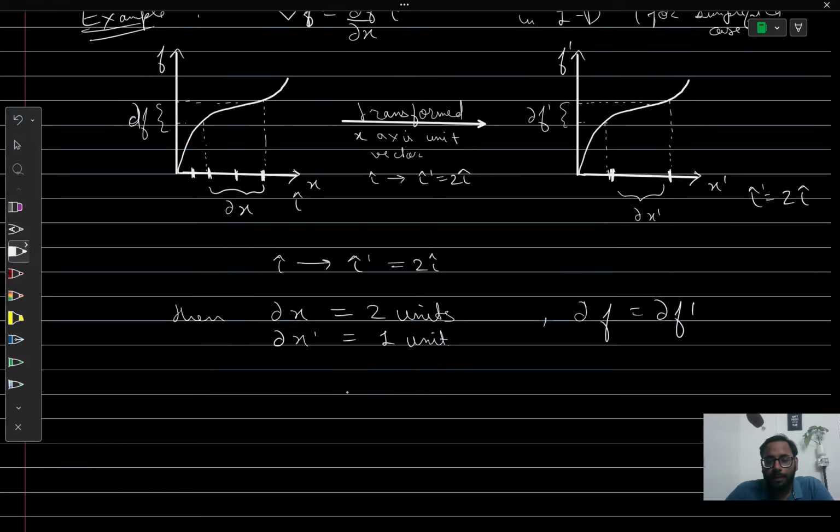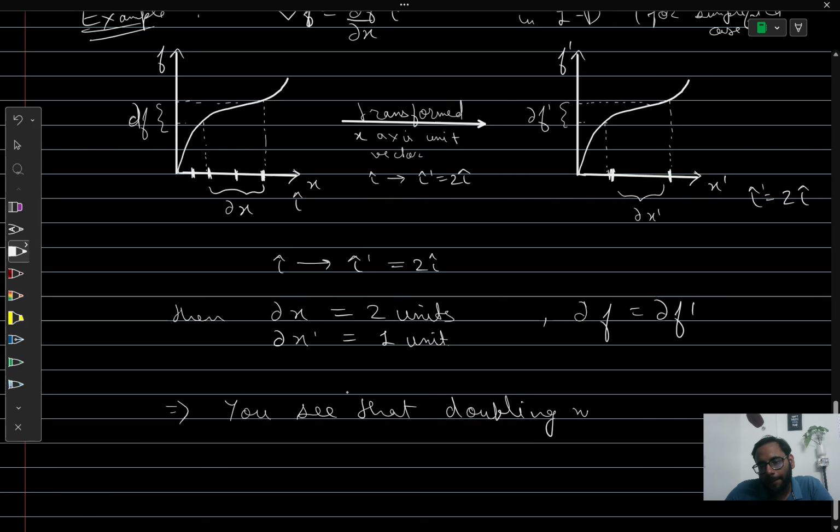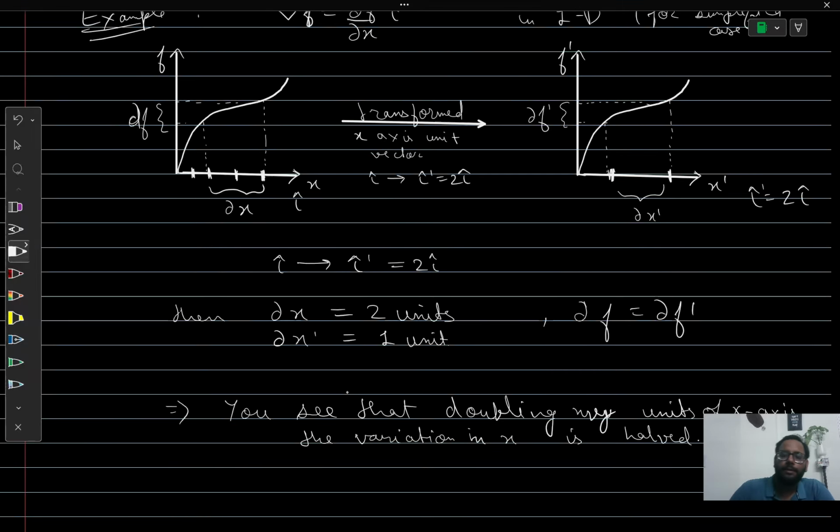Now you see that doubling my units of x axis, the variation in x is halved.